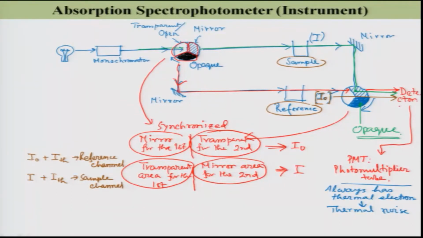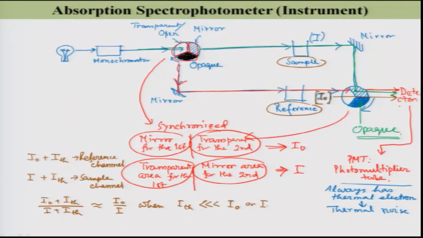If ITH is much smaller than I0 or I, then (I0 plus ITH) divided by (I plus ITH) will be almost equal to I0 by I. But if it is not, then this ratio will change.